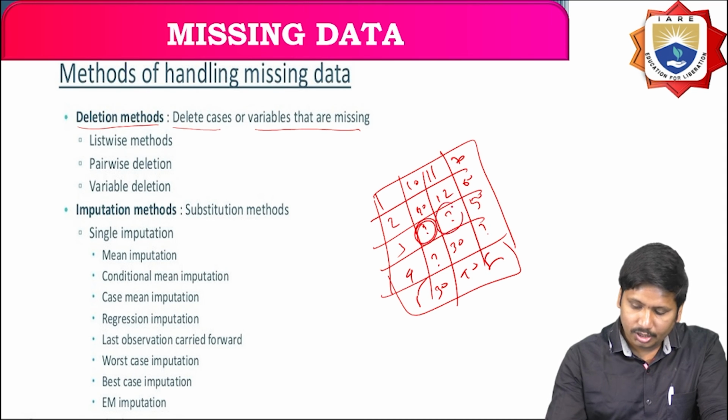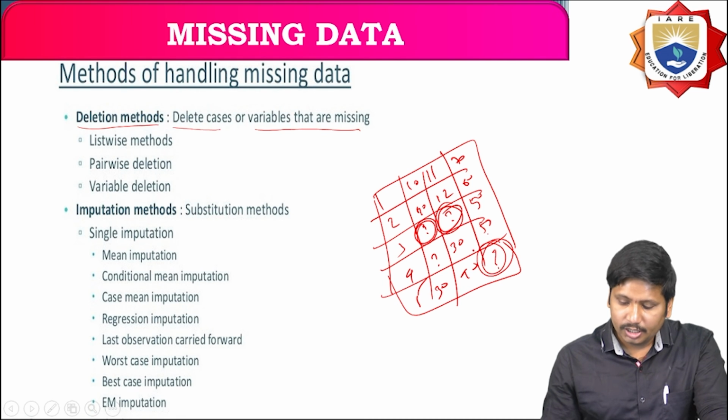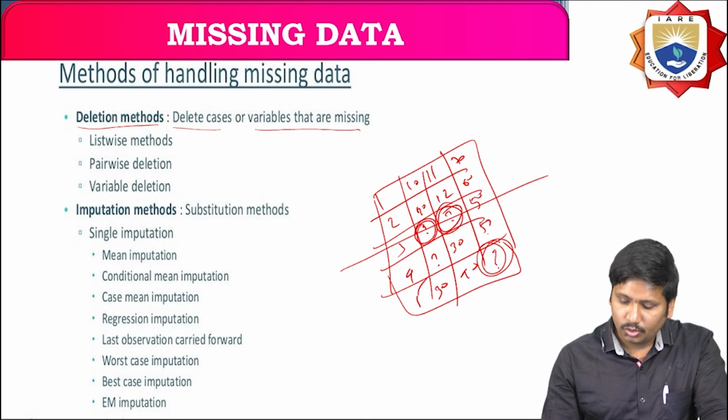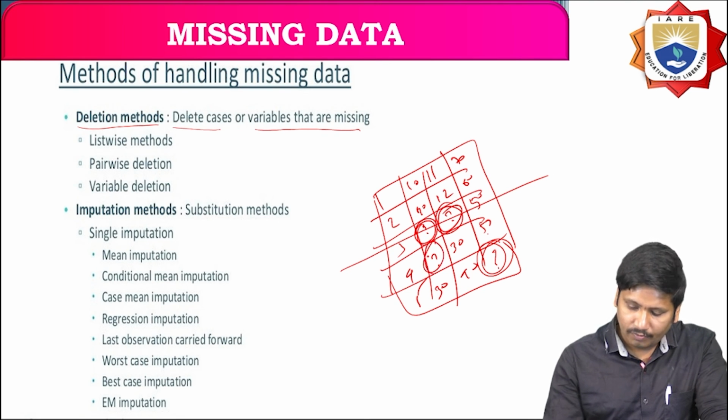So this is one missing data, and this is another missing data here. Right? So this is the table. Deletion means simply ignoring this, deleting this case and deleting the row, and here also you have it, so deleting this and deleting this.